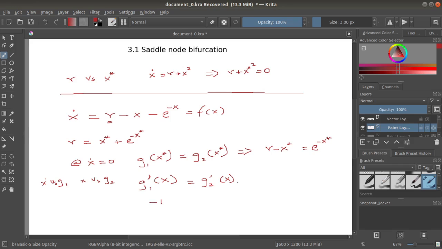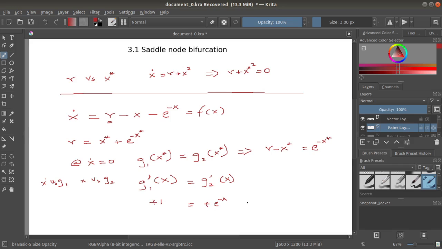And differentiating g2 with respect to x, I get minus e to the power of minus x. So I can remove the minus signs on both sides.